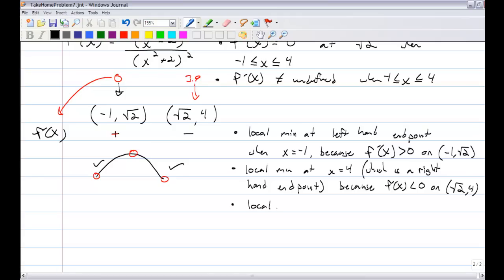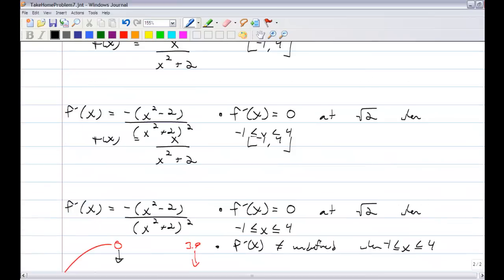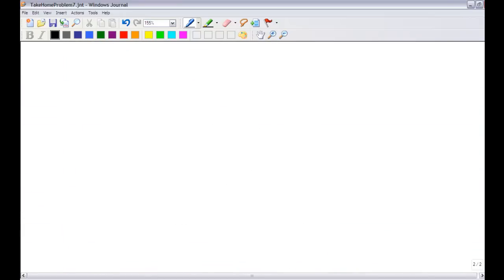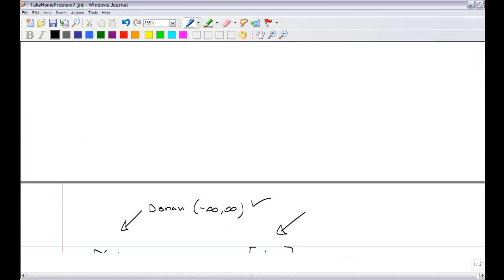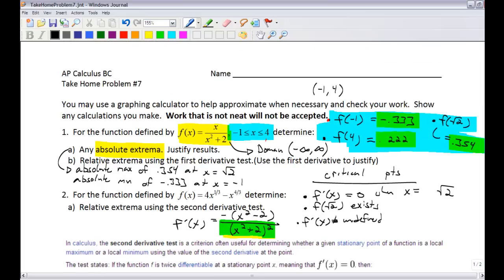Local, and it's an absolute, so you can say local/absolute max of, it said relative extreme. Okay, so local max of, let's see, what was f of root 2? Going back to our work, f of root 2. Sorry, I'm making you dizzy here. 0.354.